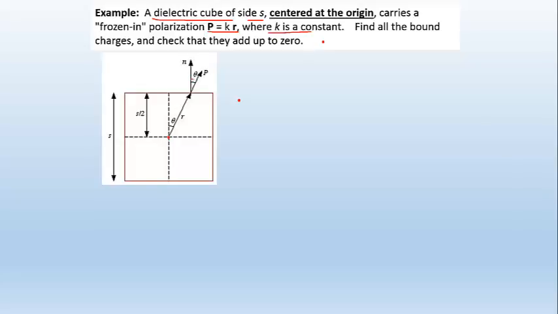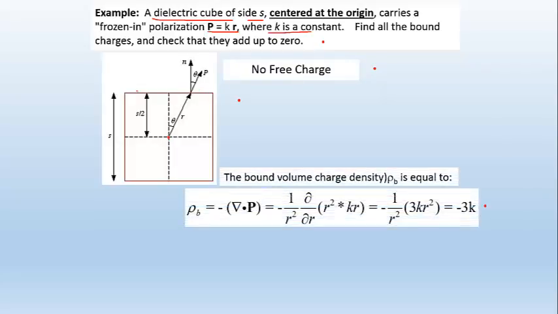So obviously the projection of P onto N is going to be related to the surface charge density on this surface here. There's no free charge, and the bound volume charge, which we called rho sub b, is equal to the divergence of P with a minus sign. So this is the equation we derived for the rho sub b.